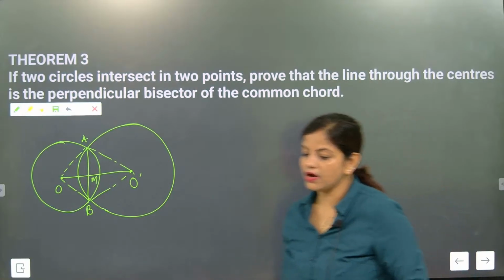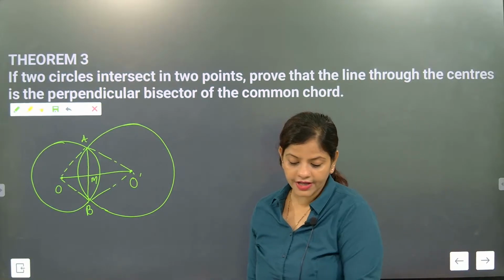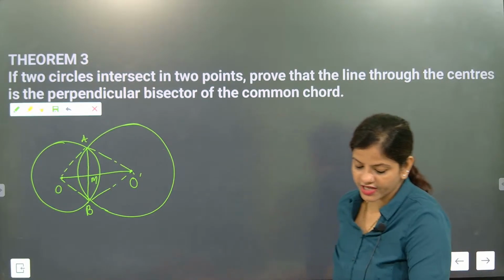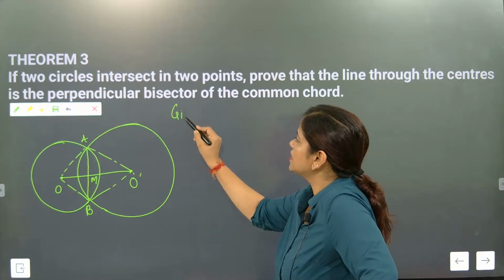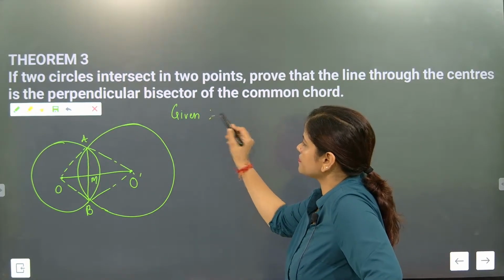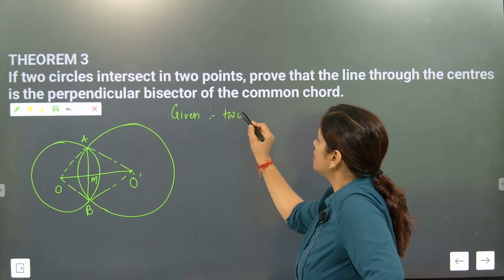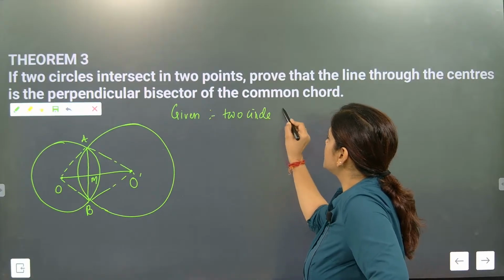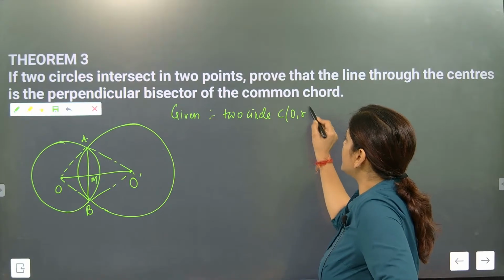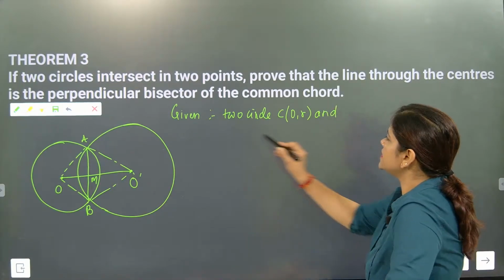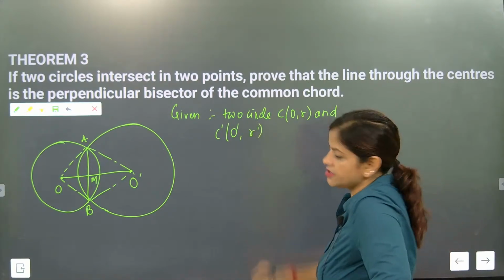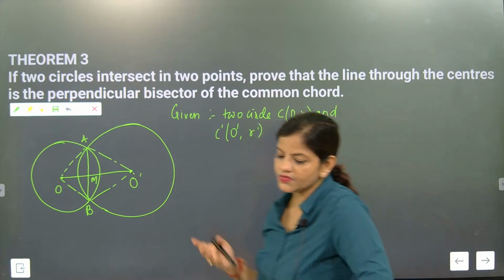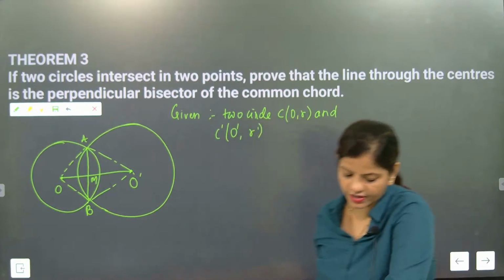So now look here. Already one time we have given this. So two circles given: C with center O and radius R, and C dash with center O dash and radius R dash. So two circles with different centers and different radii are taken.